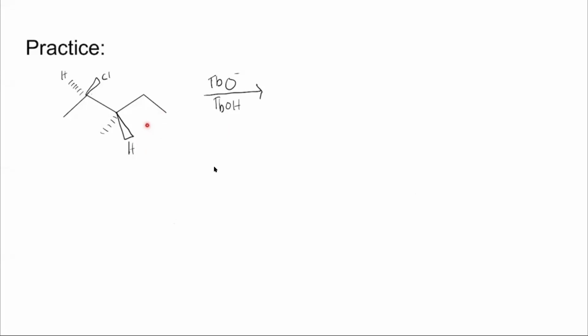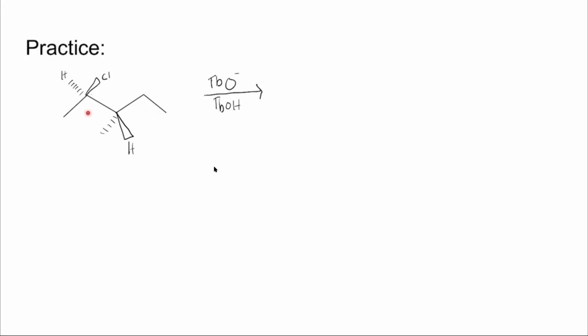We have our reagents, some above the arrow, some below the arrow, and the question is asking us to predict the product. In order to do that, we have to think about what type of reaction is going to be taking place. So let's analyze the reagents in this reaction one by one and think about what type of reaction could occur. So let's look at our substrate.